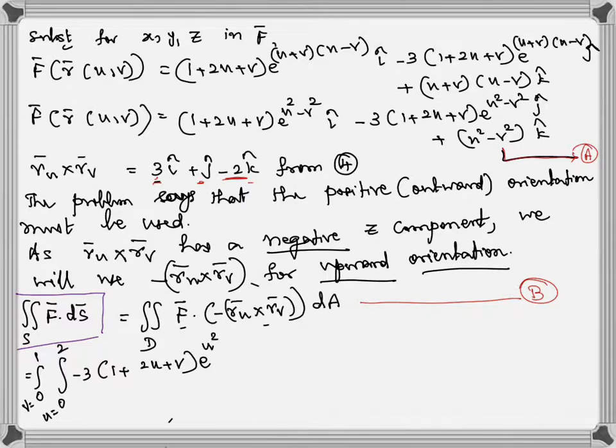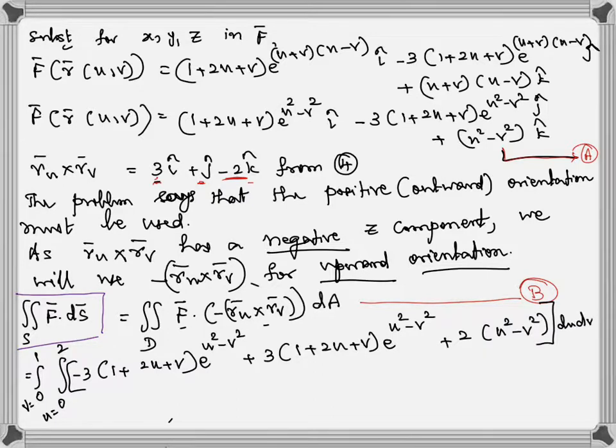When we take the dot product, we multiply the components of f by the negative of each of these in R_u cross R_v. So it is negative 3 times 1 plus 2u plus v times e to the exponent u squared minus v squared, plus 3 times 1 plus 2u plus v e to the exponent u squared minus v squared, plus 2 times u squared minus v squared, du dv.